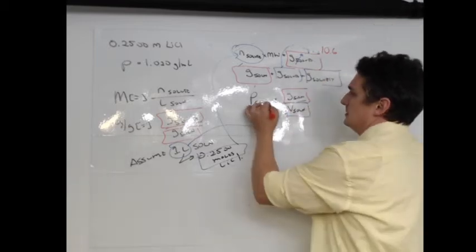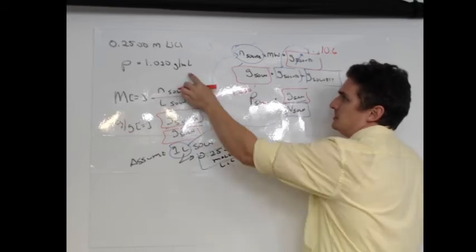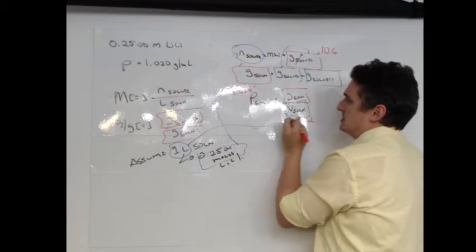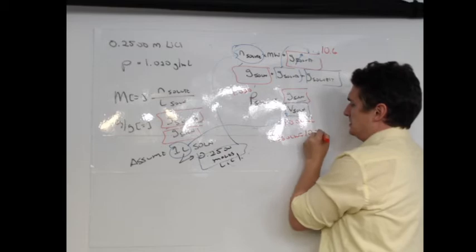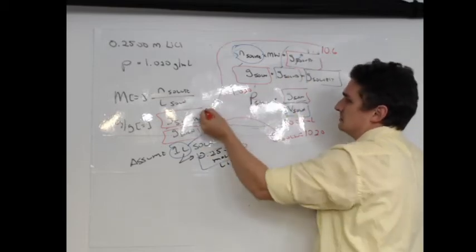Density here is 1.020. I assumed a liter of solution, but the density here is in grams per milliliter, so I have 1,000 mLs of solution. So the mass of my solution here is 1,020. So now I can just plug these in.